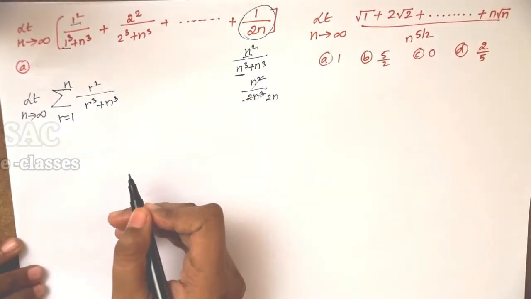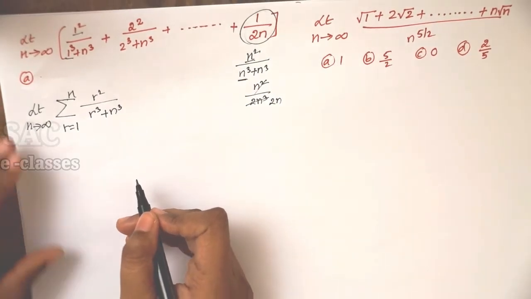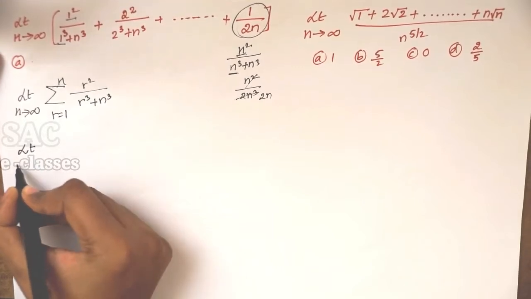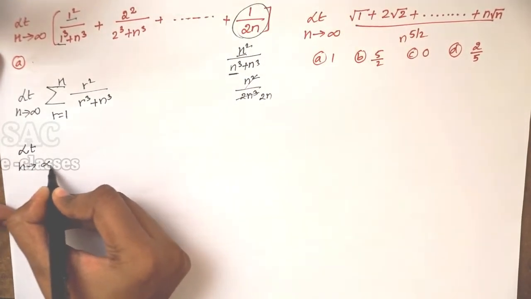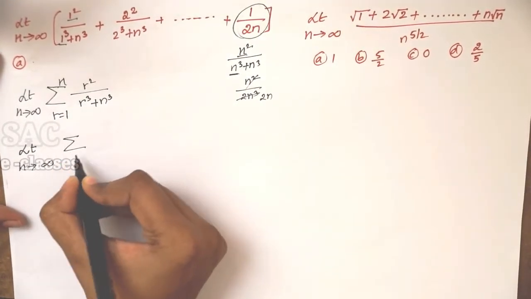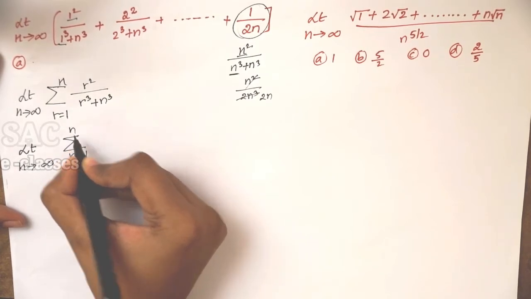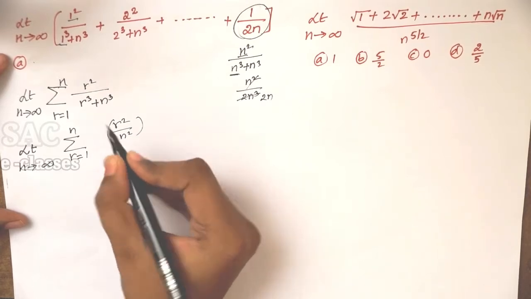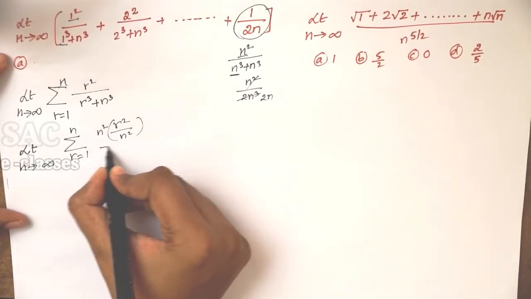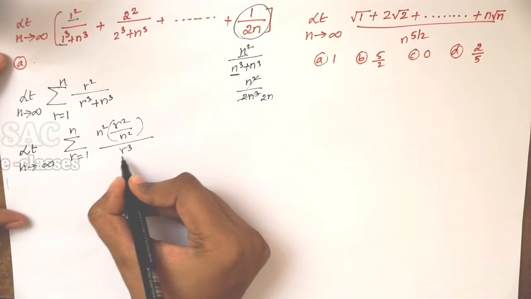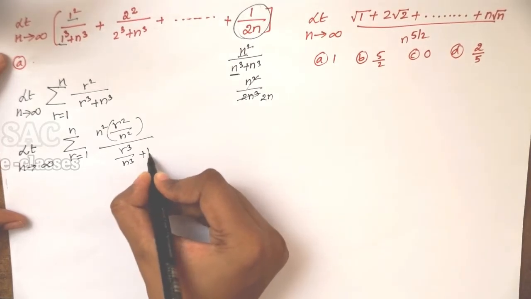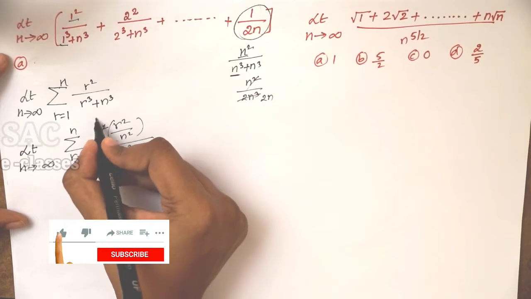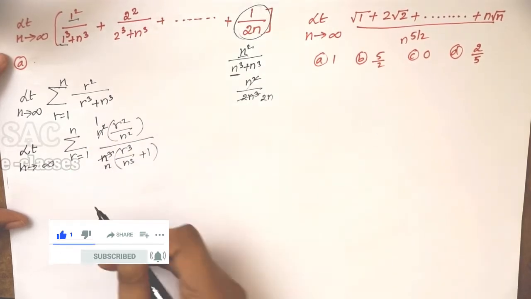Here onwards you know how to convert it into the desirable form to get the integration. Limit n tends to infinity, sigma r equal to 1 to n, r square by n square into n square, r cube by n cube plus 1 into n cube, n square one time, n cube one time.